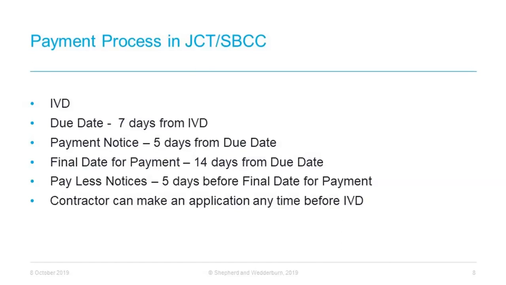The final certificate will state the contract sum as adjusted throughout the contract and the sums of amounts previously stated as due. If there is a difference between the two sums, then this will become the amount due to the respective party.